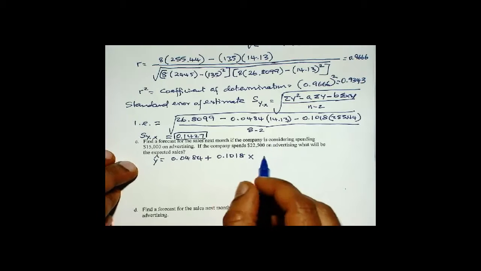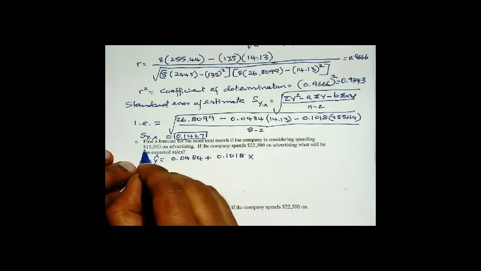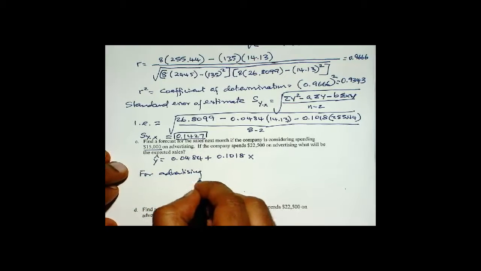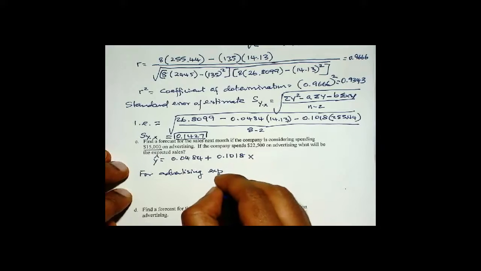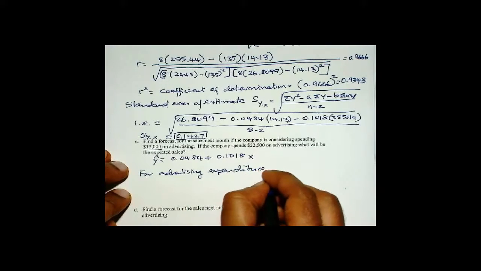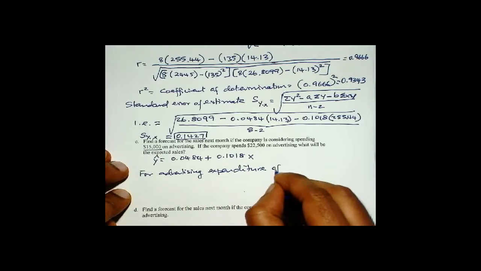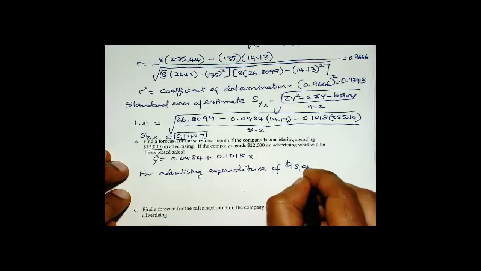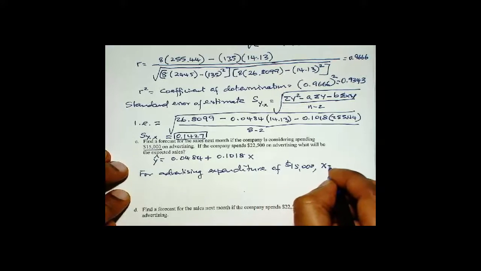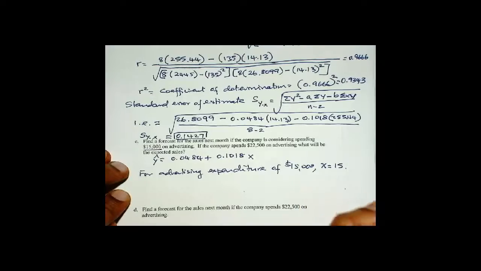So this one is 15,000. So for advertising expenditure of 15,000, x is 15. Okay, x is not 15,000.